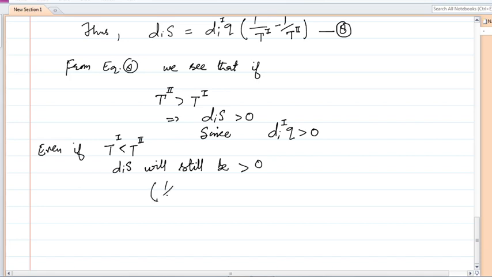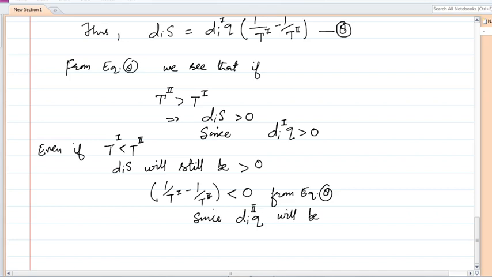Because 1 upon T first minus 1 upon T second will be less than 0, from equation 8, and also because diQ second will be less than 0.